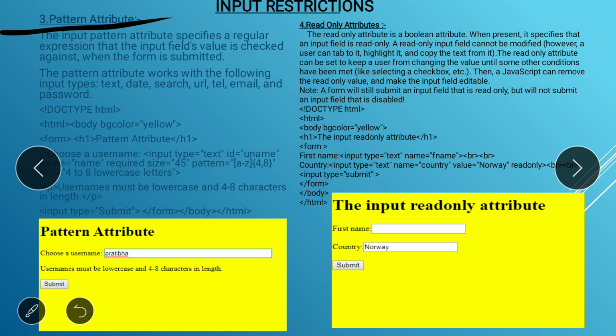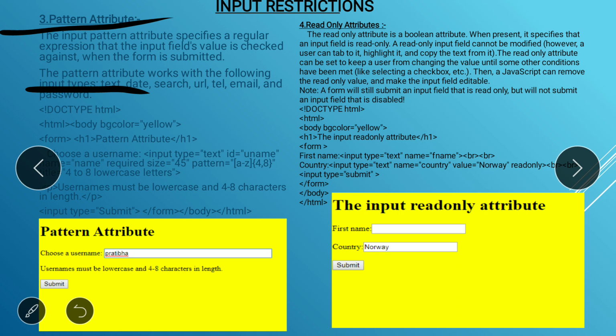Okay, so here the pattern attribute works with the following input types. With which is this pattern used? Obviously text, date, search, URL, right? You can set a pattern for URL also, for telephone number also.